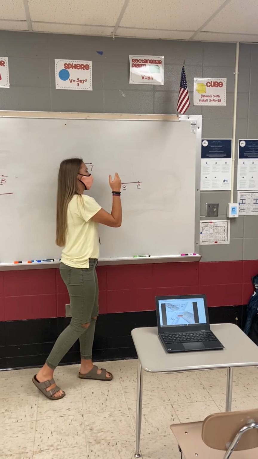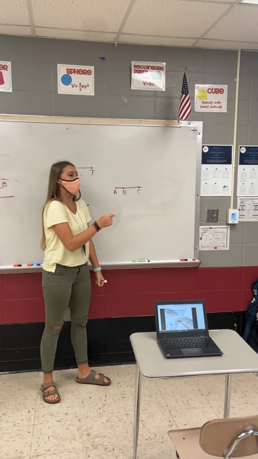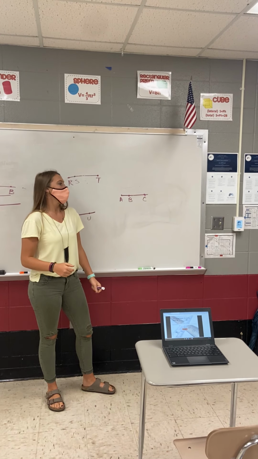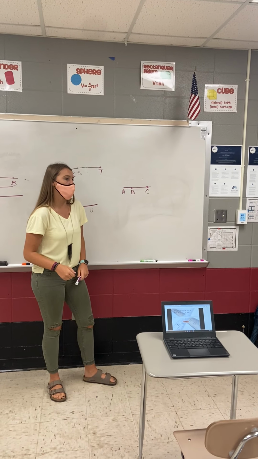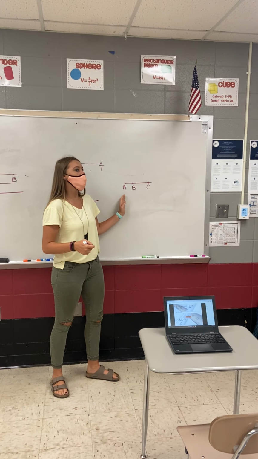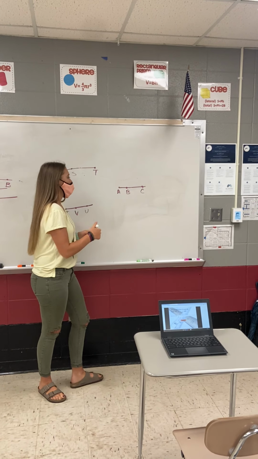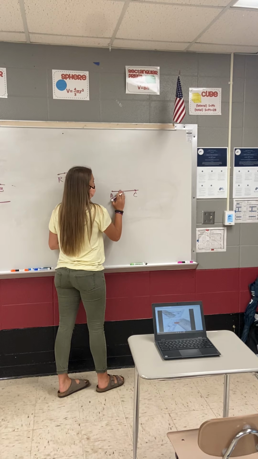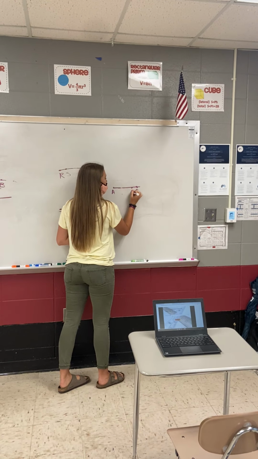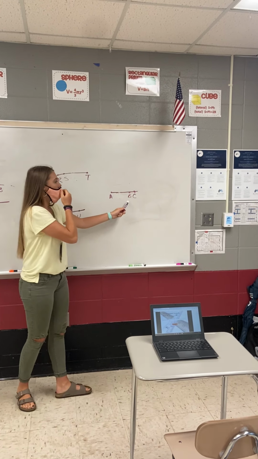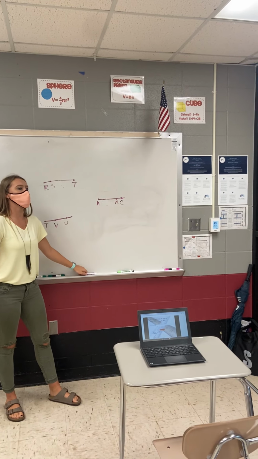Now the middle means the direct middle. It cuts it in half, like if it was a midpoint. Okay? But it doesn't say B is the midpoint. It just says it's between. So B could be here. B could be here. But we don't know where B is. We just know it's between.